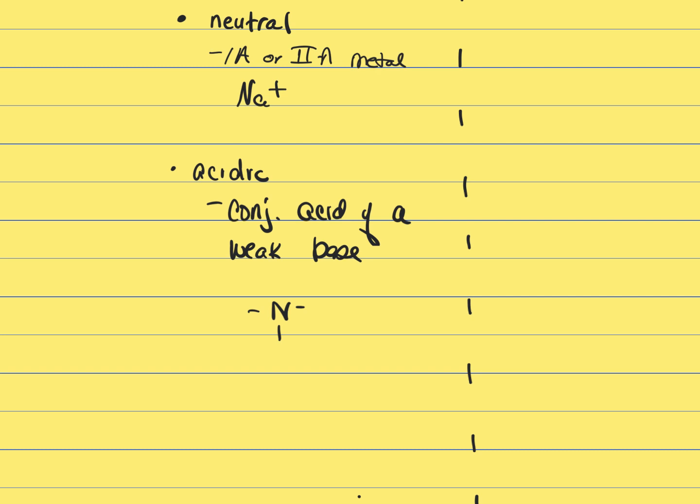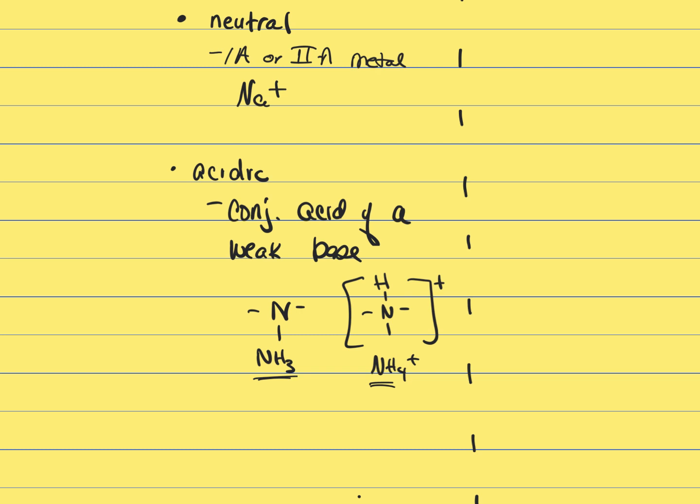NH3 is an example that we know. That's a weak base. What would its conjugate acid be? The conjugate acid would be, take that weak base and add an H plus to it. That would give us a cation, something like NH4 plus. This is the conjugate acid of this weak base.